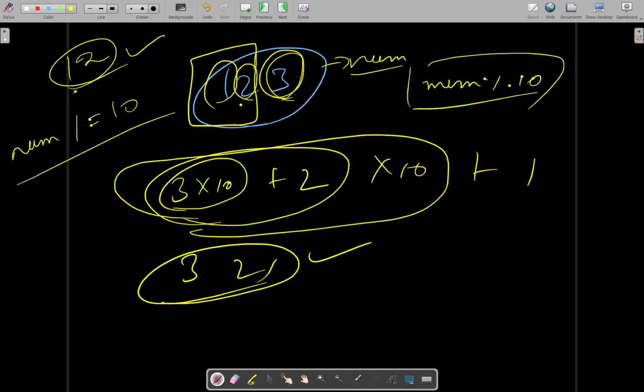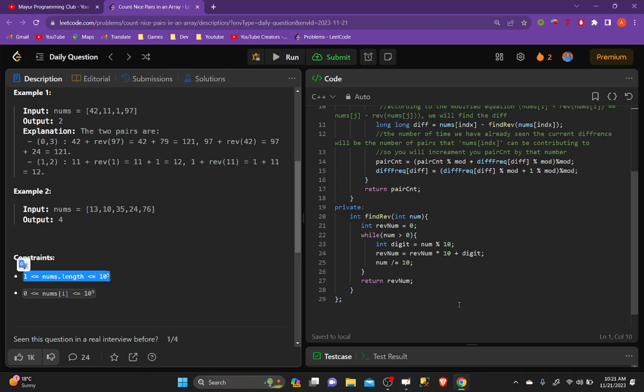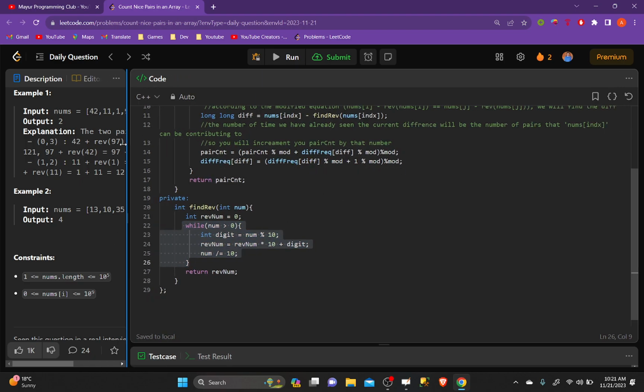And here what we are doing? We are dividing by 10. Okay, so if you take logarithm of base 10 of 10 raised to power 5, it will be 5 only. That makes this loop run only 5 times. Which loop I am talking about? This particular loop. Okay, so it will not matter much.